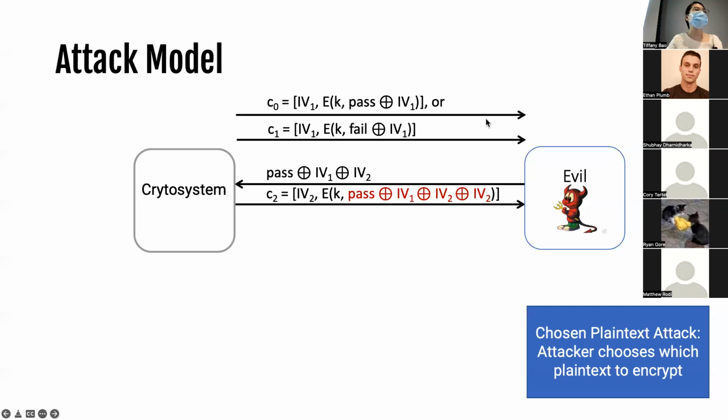So by the time Evil receives this message, Evil can compare this encrypted message to the previously received message. If it's the same, then it means the previous student passed the exam. If it's not the same, then Evil can infer that the previous student failed the exam, right?